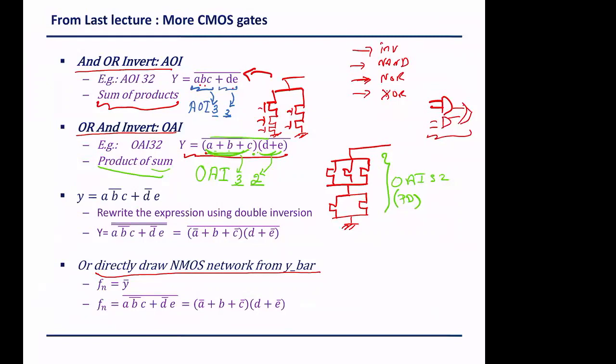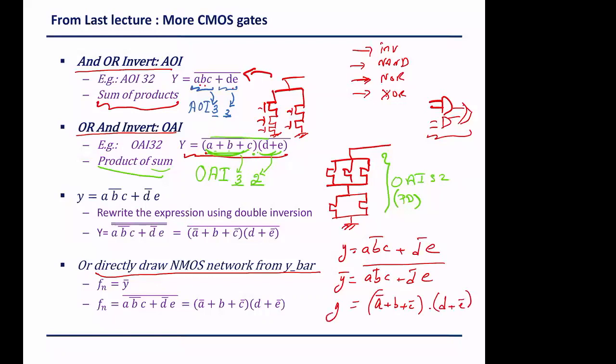Instead of doing the double inversion, if I tell you that Y equals A, B bar C or D bar E, find what Y bar is. Y bar is equal to the bar of this expression, just like what we did now. This will end up being A bar or B or C bar into D or E bar.